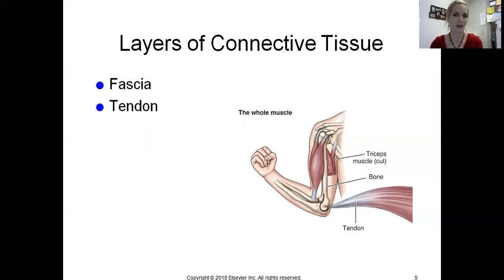If you look through your textbook at all, it may get into the epimysium and the perimysium, and you guys don't need to worry about that. Those are different connective tissue membranes that actually surround the groups of muscle fibers within our muscle tissue. So as long as you know fascia is the connective tissue membrane that surrounds our muscle, and again, what connects our skin to our muscle, then that's all you need to know about that.